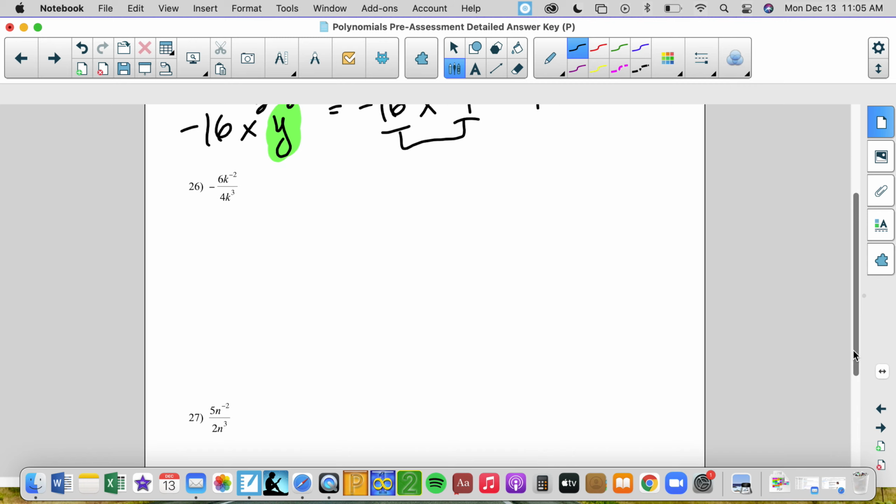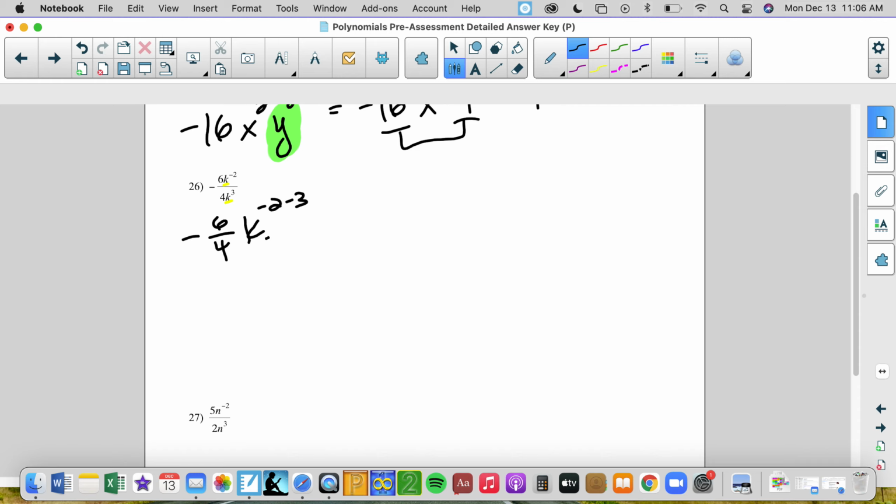Now we move on to the division. And again, we can separate this. We can see this as negative 6 over 4. And then we have like bases. When we have like bases and we're dividing, we're going to subtract those, negative 2 minus 3.